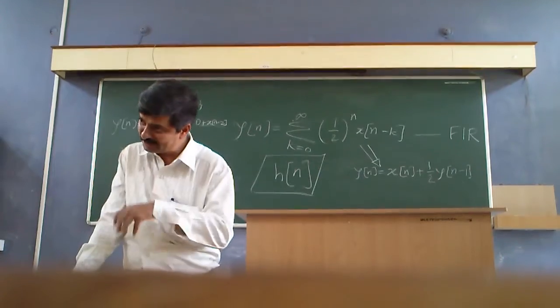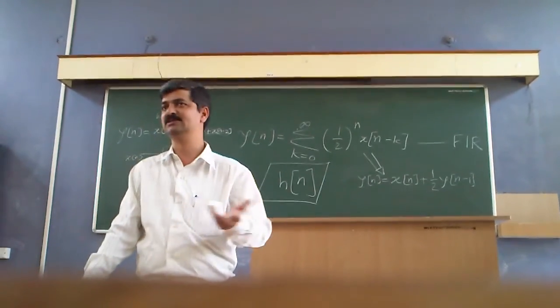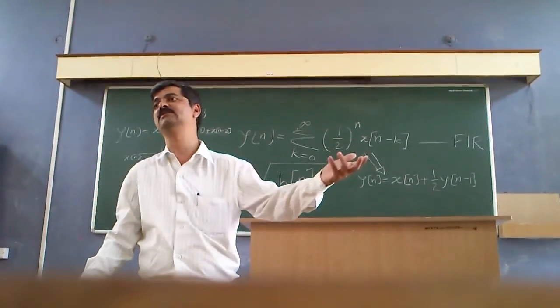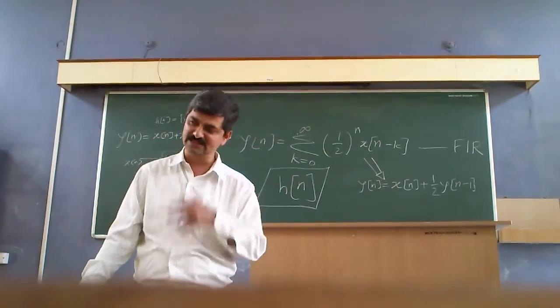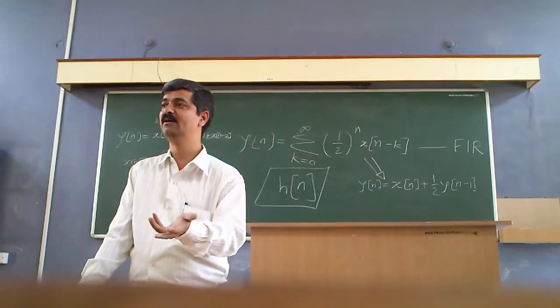What are the properties of a signal? x(n) has some values, it may be a deterministic signal, it may be a random signal. Even if it's a random signal, we can still study its properties.